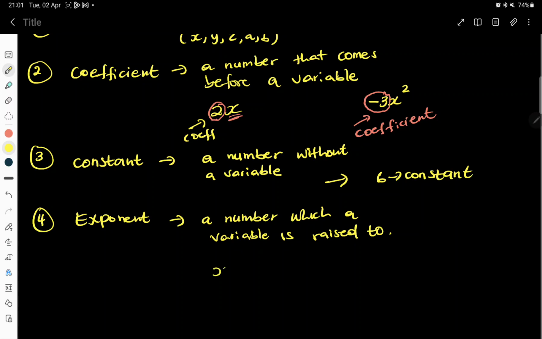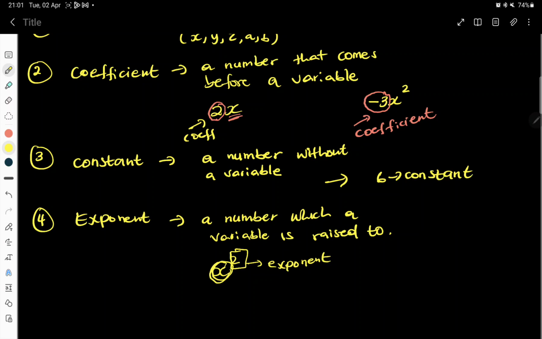For example, if we say x squared, remember x is a variable, then the number to which your variable is raised is known as an exponent.